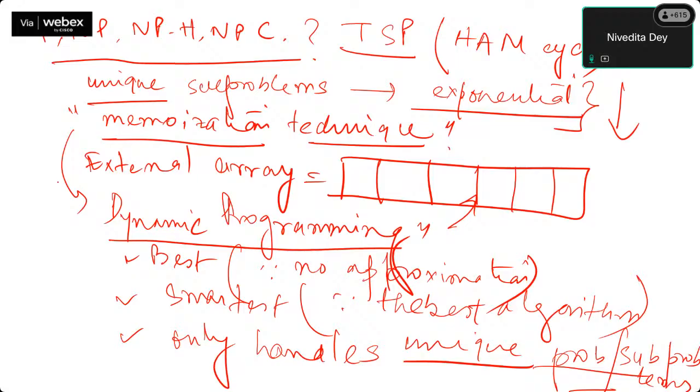So, because dynamic programming gives us these kinds of features or benefits, we were using it.